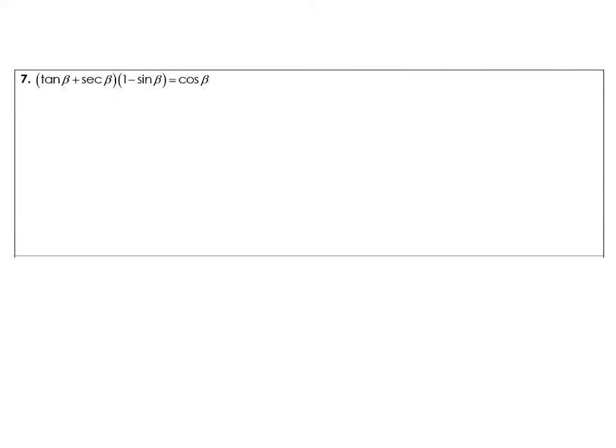Okay, so for number 7, it looks like we're probably going to have to start out with foiling this left side. And so when we do that, our first term we have tangent beta minus tangent beta times sine beta, the inner term plus secant beta, and then minus secant beta times sine beta.